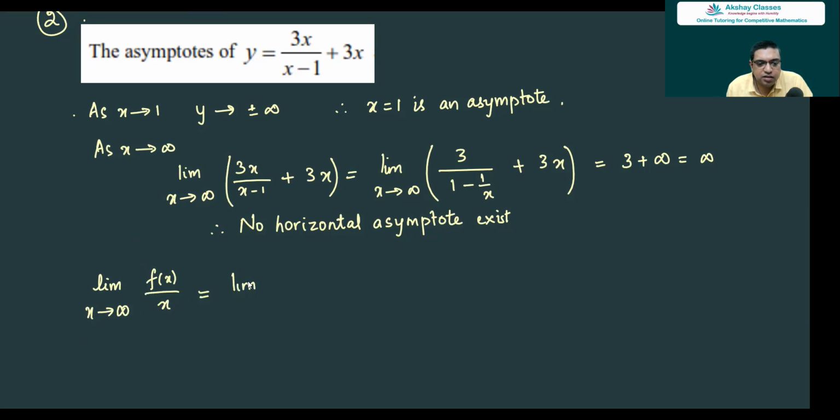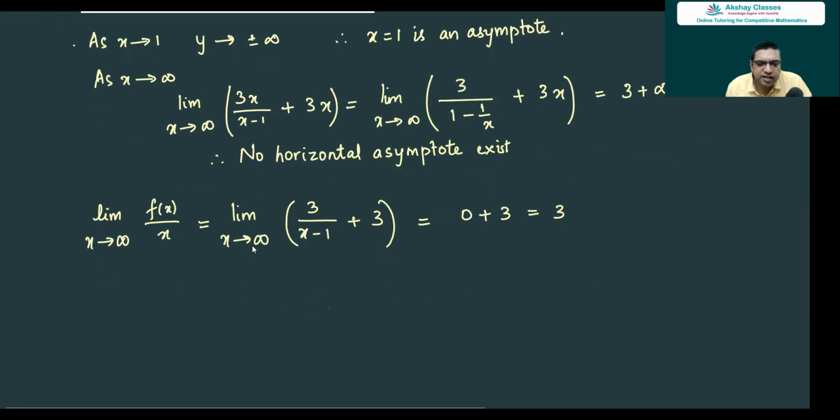So limit x tends to infinity, this expression divided by x, we will straight away get 3 upon x minus 1 plus 3. We have divided this expression by x. Now this will go to 0 plus 3. So the slope of the line is 3.